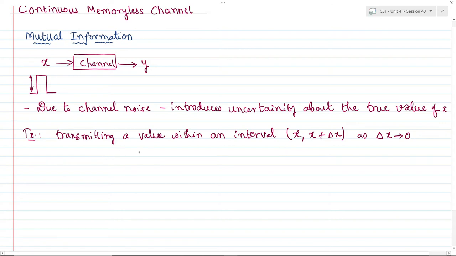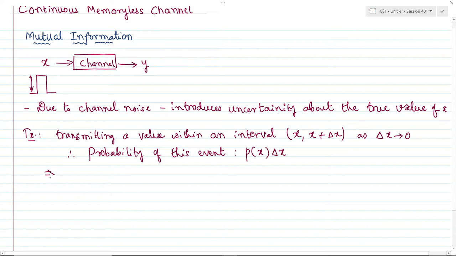Before getting into the amount of information, consider the probability of this event, where we pick one value within this interval and transmit it over a channel. The probability of this event would obviously be p of x, the density function, times delta x.